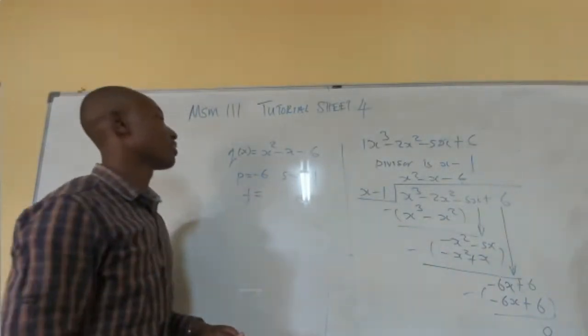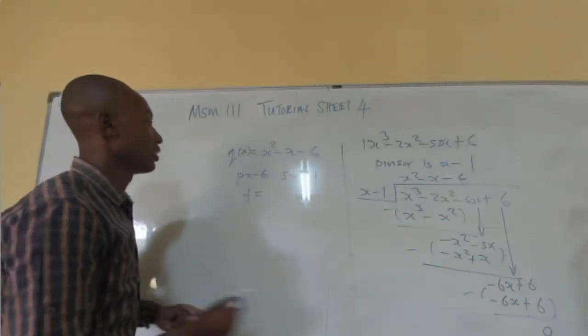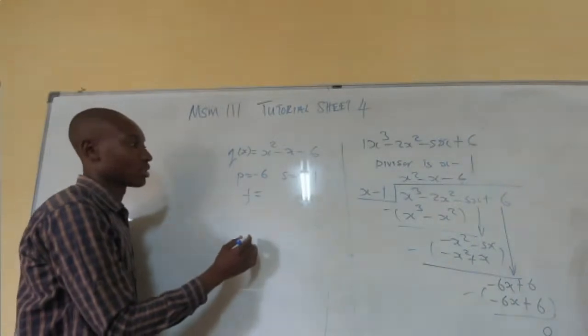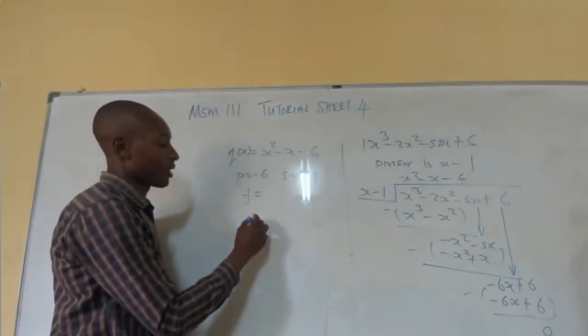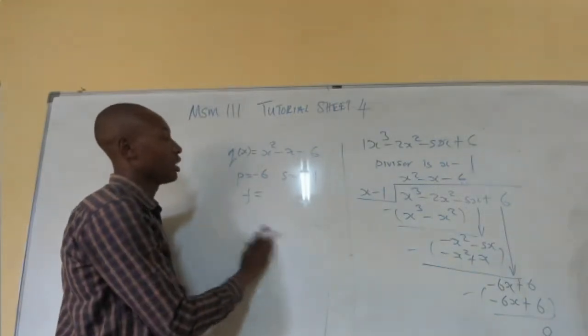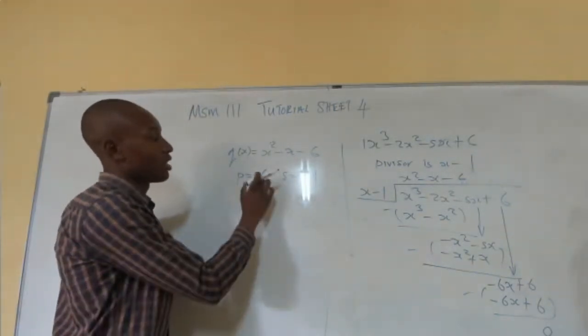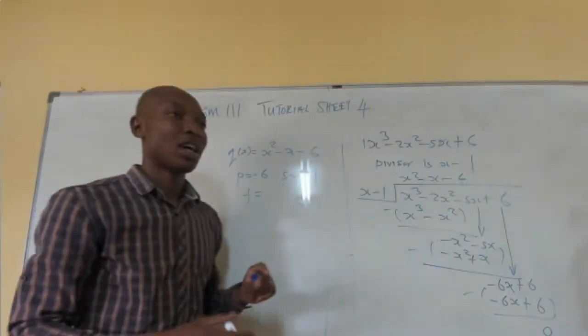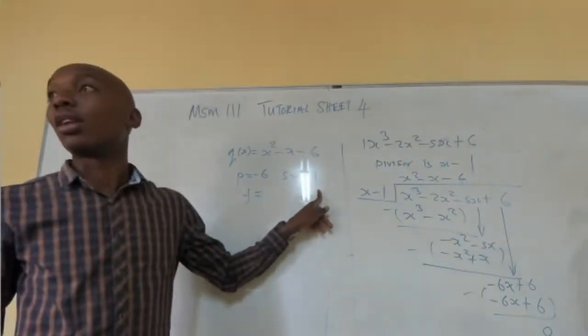The possible factors are 2 and 3. So I'm simply looking for two values, factors of 6, which when I multiply will give me negative 6, and when I add them will give me negative 1.